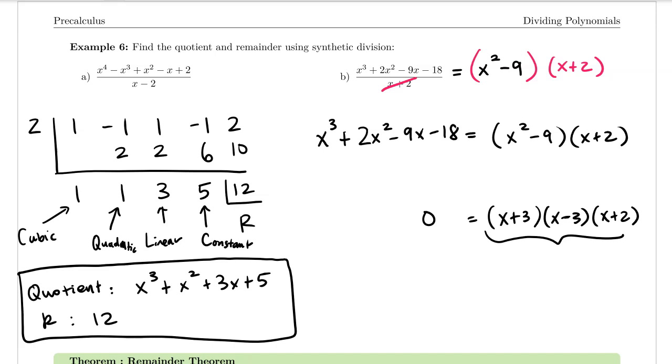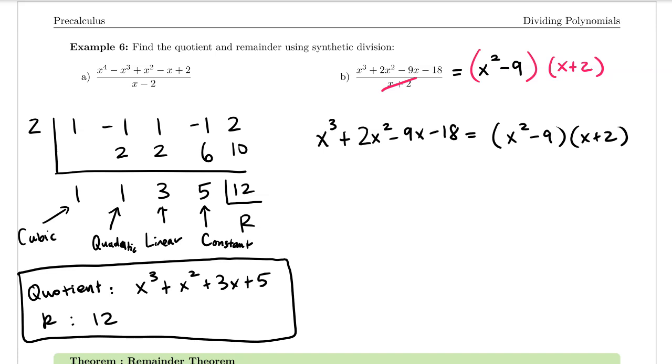If I set each of the linear factors equal to 0, we would find that the zeros of our original cubic polynomial would be negative 3, positive 3, and negative 2. Now, why do we care about the zeros or the x-intercepts? Well, along with the end behavior, this is going to help us to visualize a graph of this function.